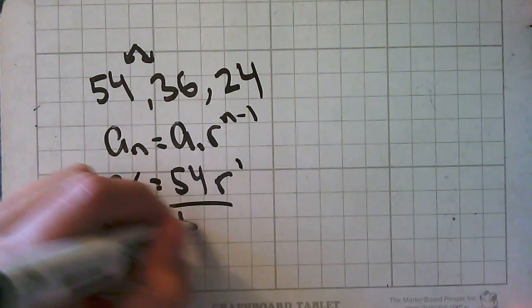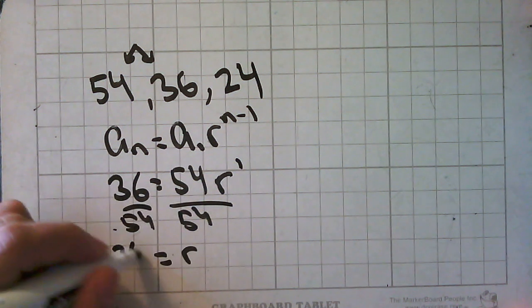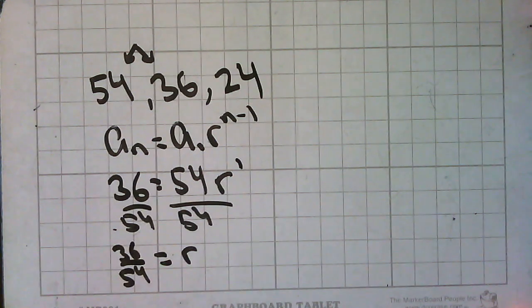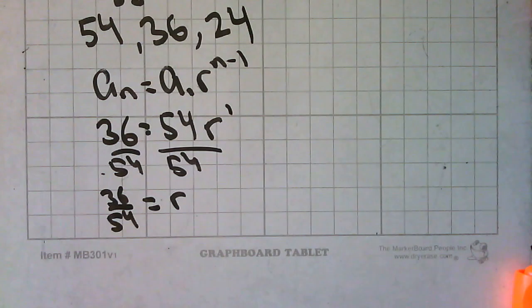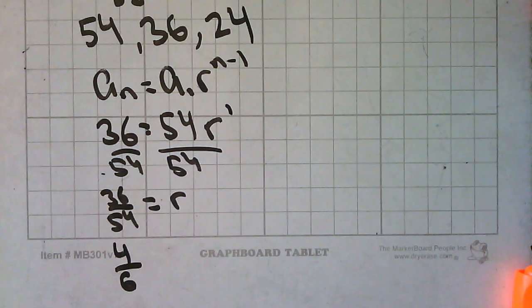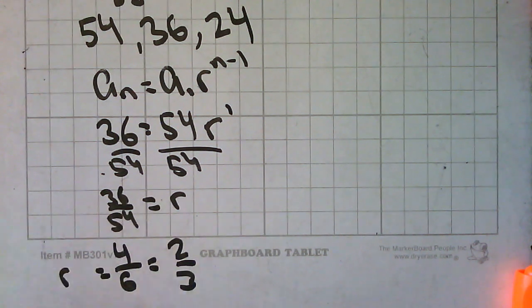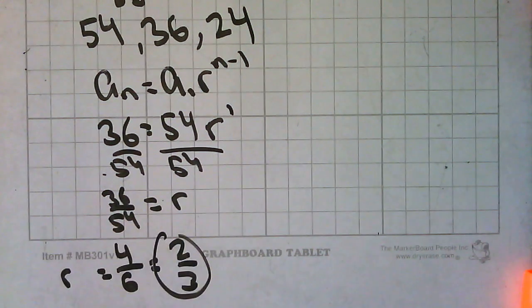I can divide by 54, and we get r is 36 over 54. We know we can simplify that by 9. That becomes 4 over 6, and then we can simplify that more, so that becomes 2 over 3. So my r in this case is going to be 2 over 3.